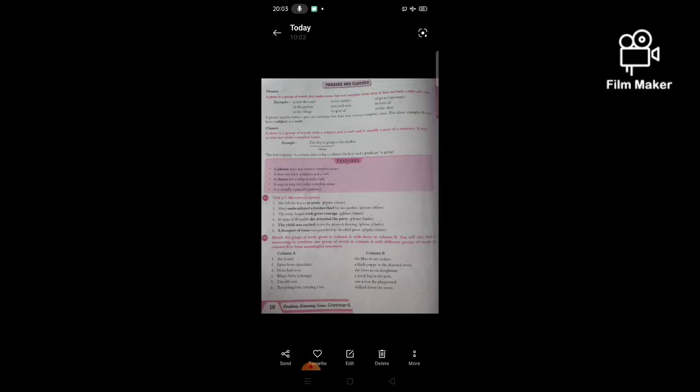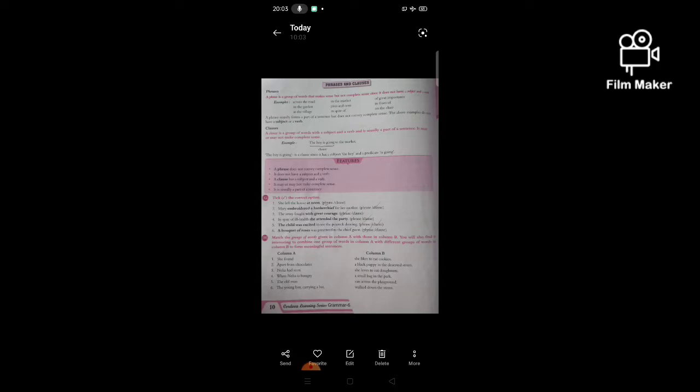In the same way we have studied the sentence. A sentence is also a group of words, but it makes complete sense. A phrase doesn't make complete sense. A sentence contains a subject and a verb, but a phrase doesn't.